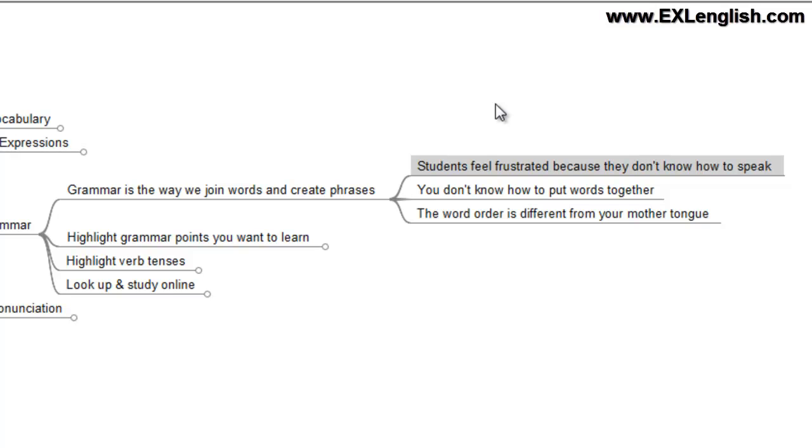And oftentimes the word order may be different from your mother tongue. So as you listen to the audio, you're going to learn how those words are used in the correct order. And you can look at the text and see how those words are joined, how sentences are formed. We talked about this a little bit in the previous step with learning new expressions, how those phrases are formed.